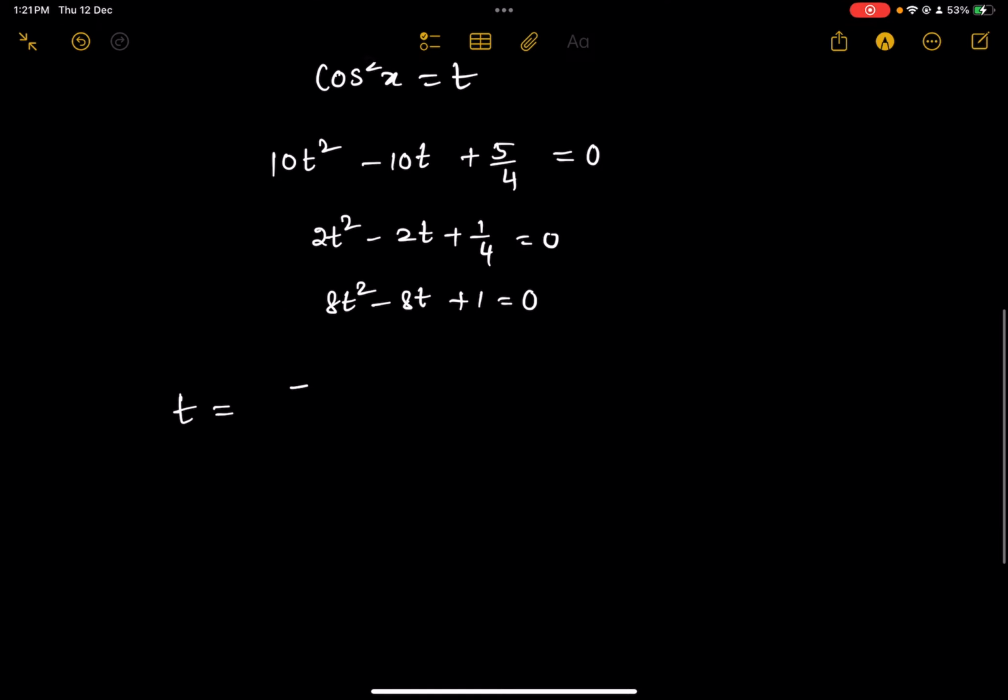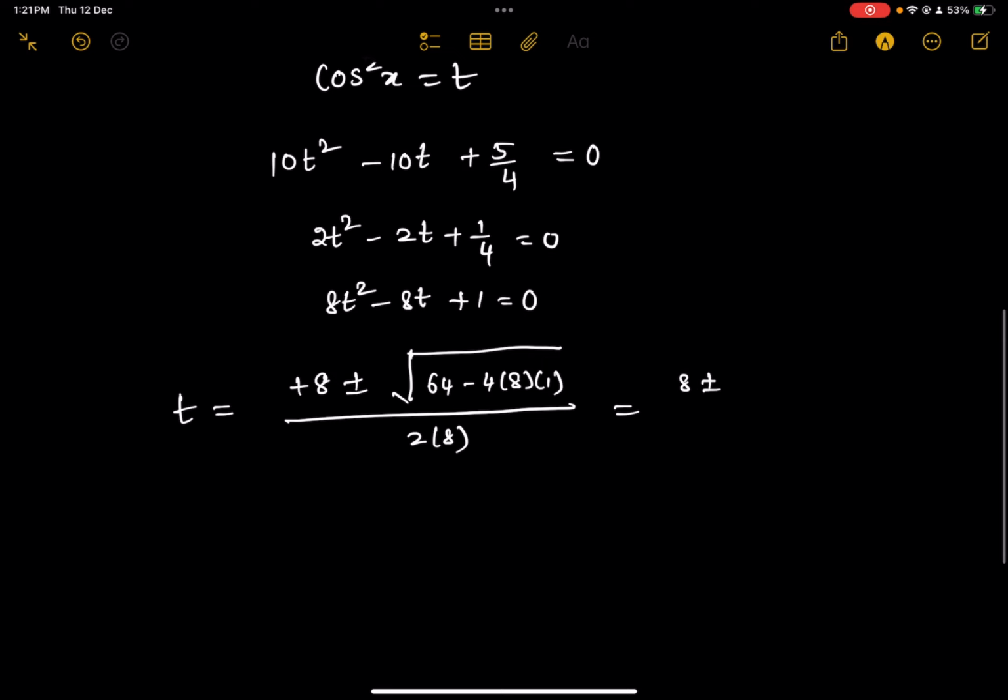T is minus b plus or minus root of b square minus 4ac, by 2a. So that will be 8 plus or minus root of 64 minus 32, which is 32. 32 is 4 root 2, upon 16. We can cancel out 4, so t is 2 plus or minus root 2 upon 4.